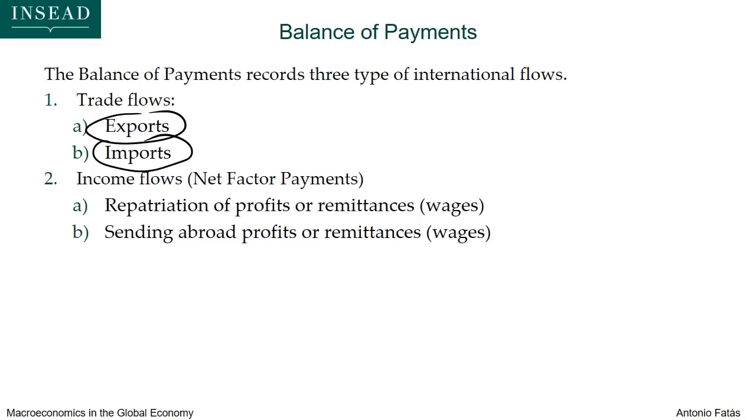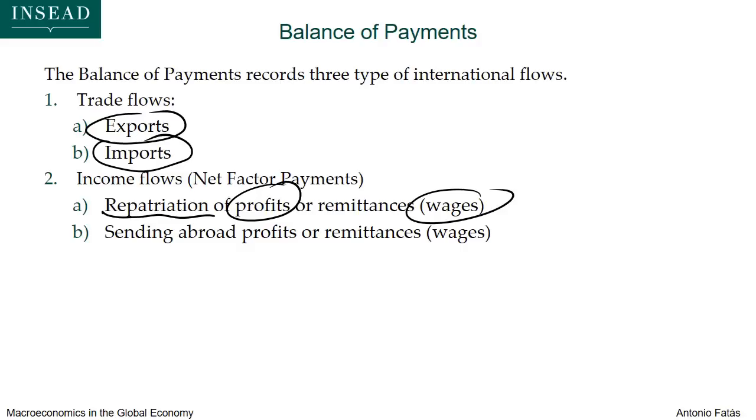We will record then any income flow, what we have called before net factor payments. These are flows that cross borders that represent an income that doesn't have a corresponding flow of a good or a service in the opposite direction. So in that sense, it's a unilateral flow of income. It could be a flow of profits or it could be a flow of wages, and it can always go in two directions.